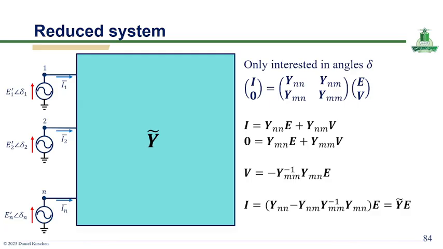Substituting these expressions into the generator current equation yields the compact relationship I equals YE. The matrix Y therefore represents the equivalent electrical coupling between generators after the network reduction process.